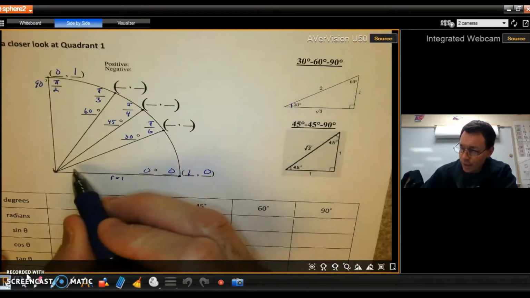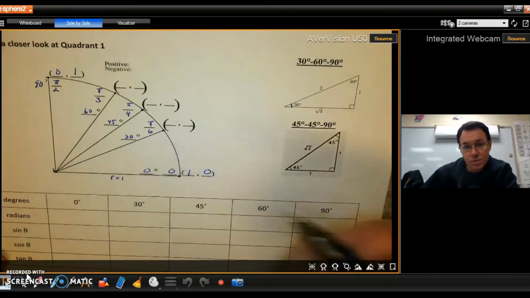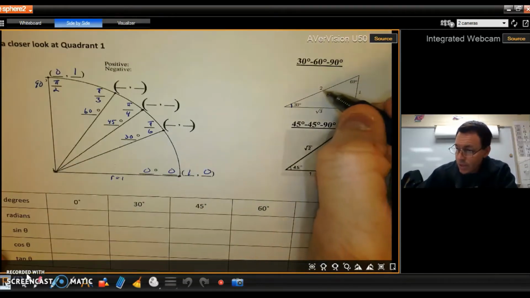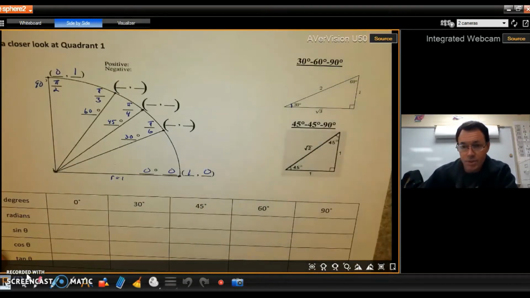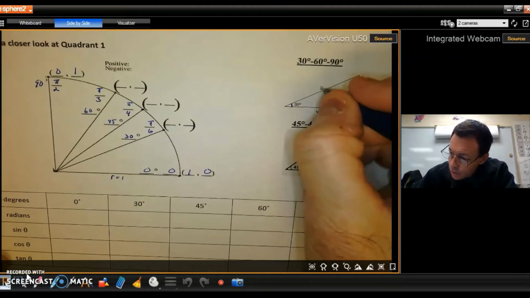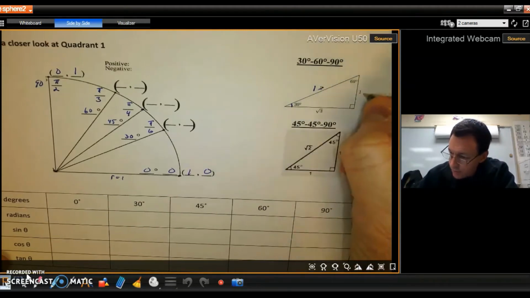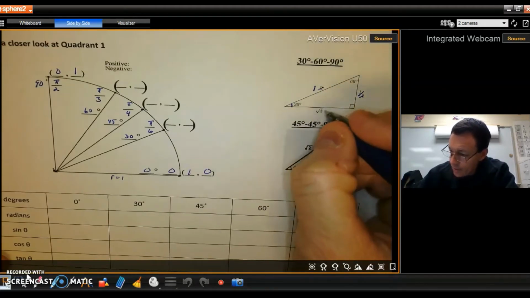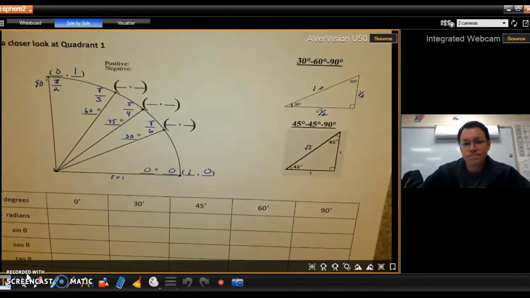But we'd really like this hypotenuse to be a 1 because that's what our radius is. Let's just take all of these things and divide them by 2. We're going to condense them down. As long as we do it proportionally, it's still going to be the same angle. So we're going to think of this as 1. This is 1/2, and this is radical 3 over 2.